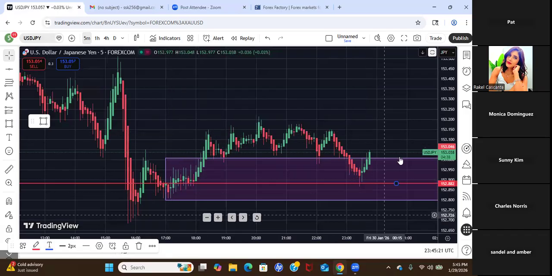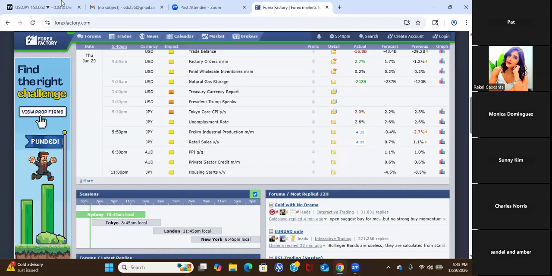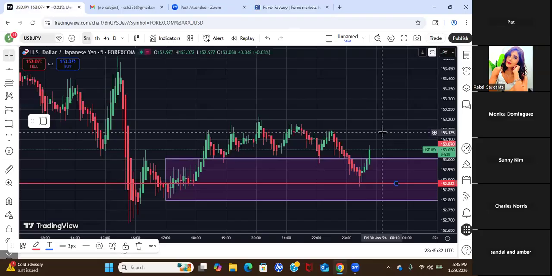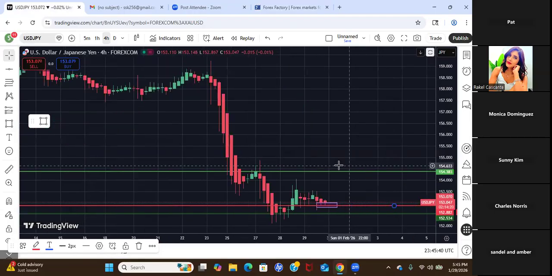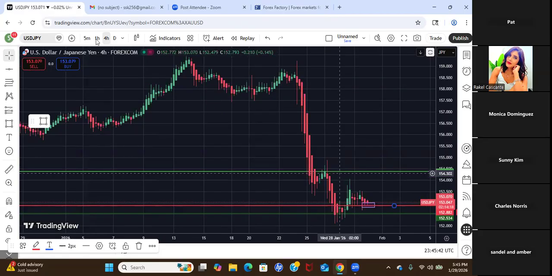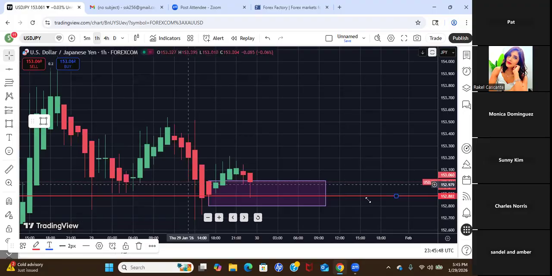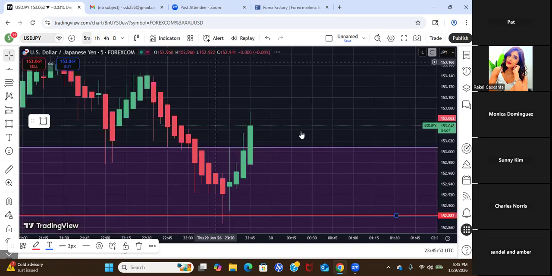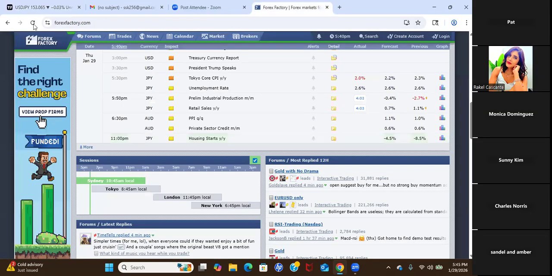But this is a 1 hour zone, and that's why I'm looking for buys. If it pulls up here and the news comes out green, it's going to be real quick in and out. Let's see what happens here. This is my 1 hour buy zone, the last red before the green. And we're about to find out in 4 minutes.